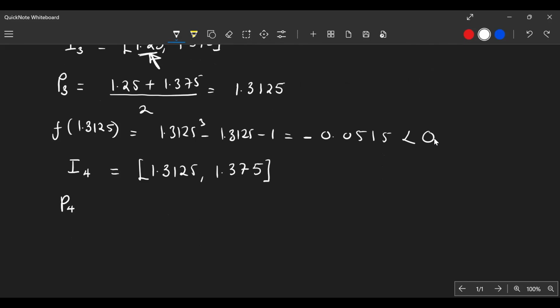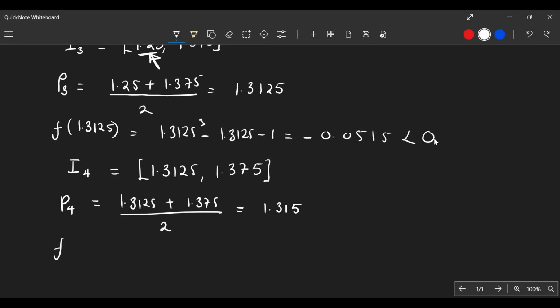So P4 will be equal to the midpoint of these two: 1.3125 plus 1.375 divided by 2. So again, 1.3125 plus 1.375, divided by 2. So I'm getting 1.315.